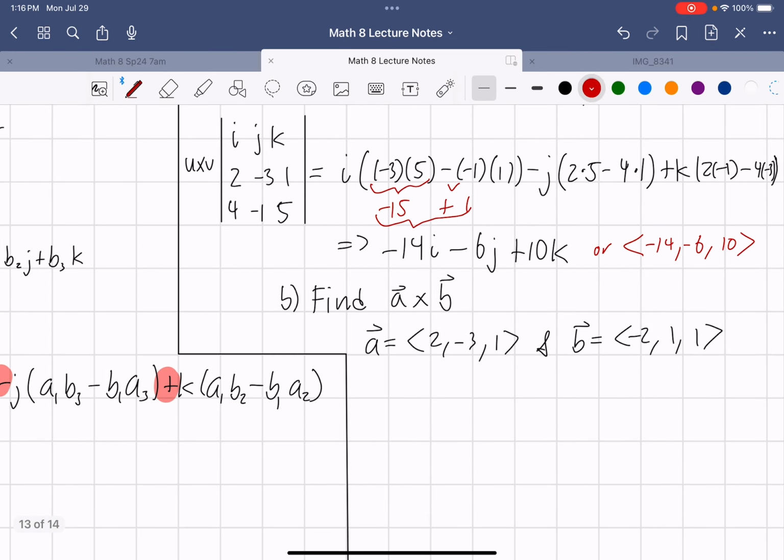Now you can pause the video and try this next example, doing a cross b. But we'll just do it here. You can pause and try it, but I'm just going to continue working through it.